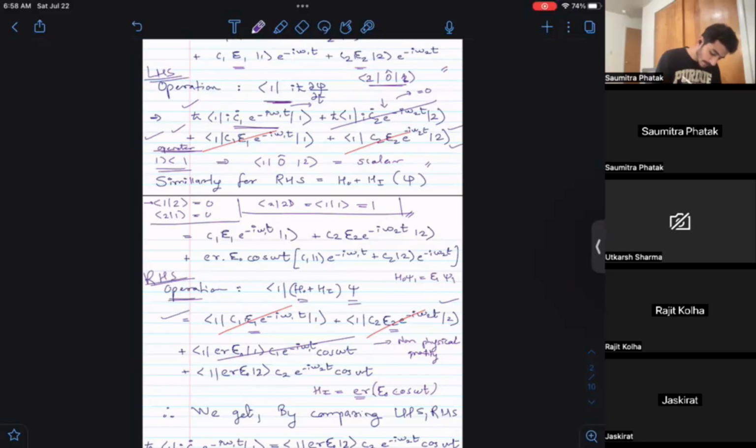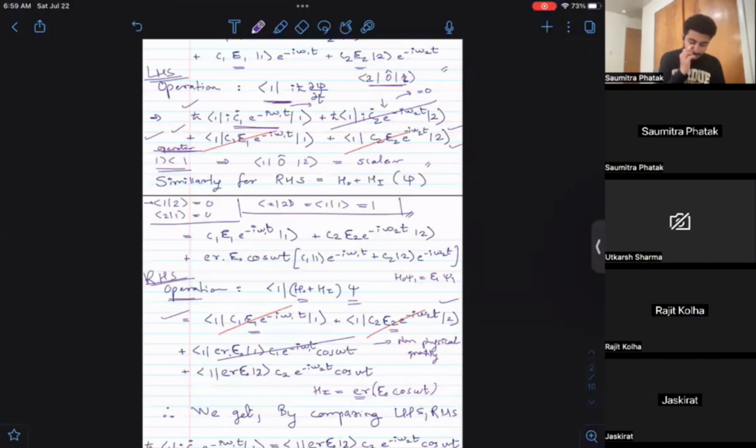Since there is now a spatial part inside this bracket, we cannot take it outside, because the energy eigenvalues depend on the spatial part. So you have to operate then on the first energy eigenvalue.